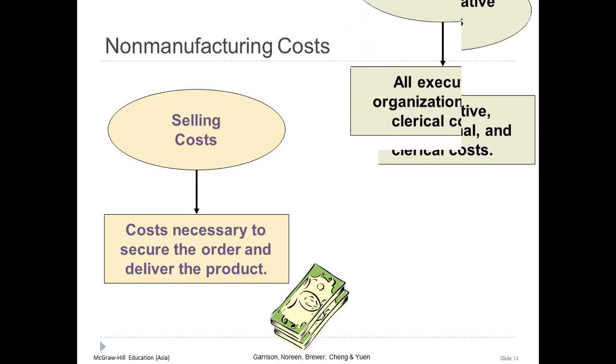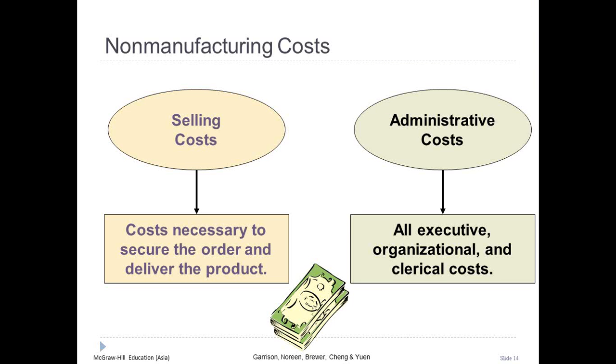Selling costs include all costs necessary to secure customer orders and get the finished product into the hands of the customer. These costs are also referred to as order getting and order filling costs. Examples of selling costs include advertising, shipping, sales travel, sales commissions, sales salaries, and cost of goods in finished warehouses.